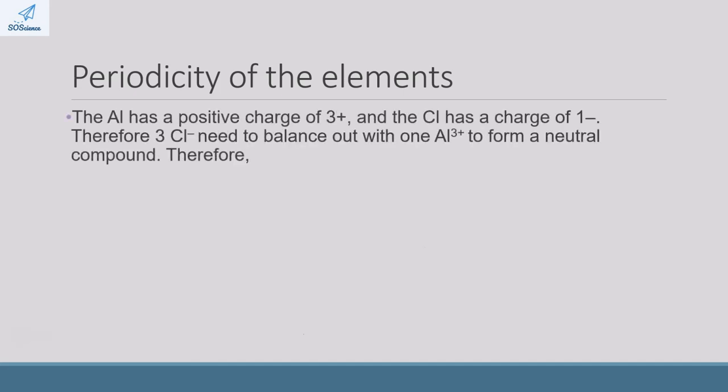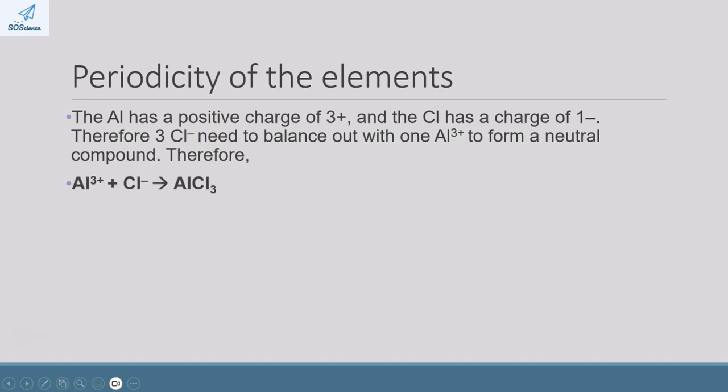So now we have aluminium that wants to give away 3 electrons, and we have chlorine that wants to gain 1. So you can see that we need 3 chlorine atoms to form 3 chloride ions to balance out the fact that aluminium wants to give away 3 electrons.